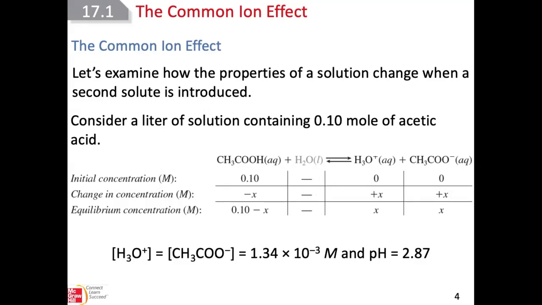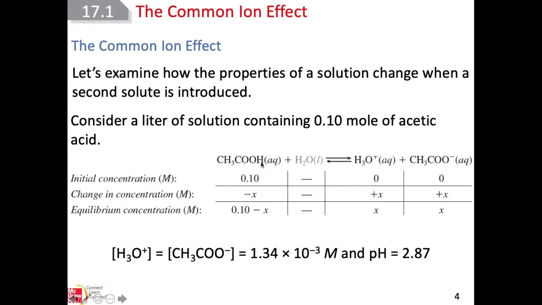To find the pH or the concentration of the hydronium ion in this weak acid, we have to do the ICE table. Initial concentration, change in the concentration, and equilibrium concentration. So I have acetic acid in the water.